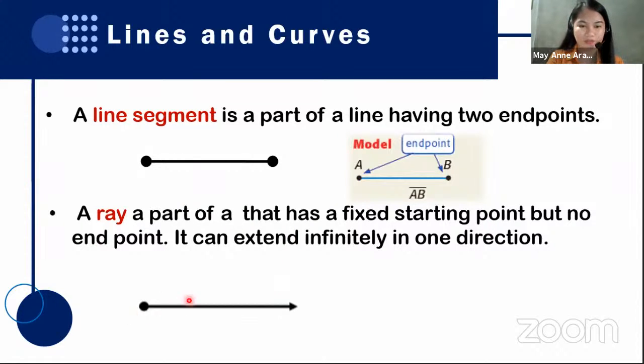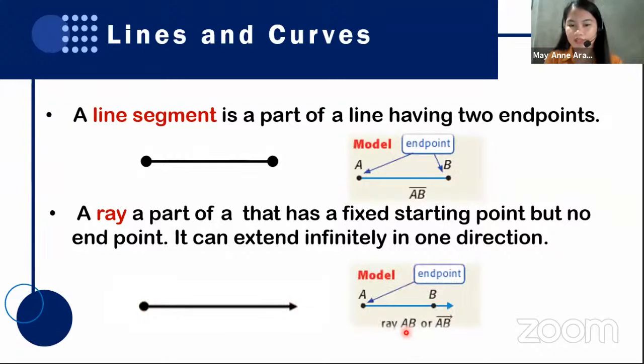This is an example of a ray. You can see here that there's a point here and then an arrow on the other side. This is the model: ray AB, or in symbol, a line with one arrow only, and the two given points, A, B.